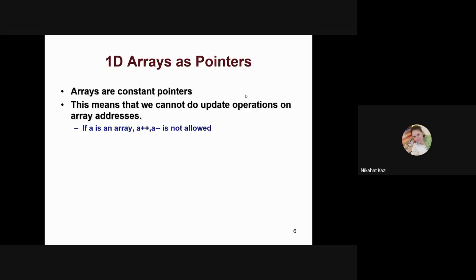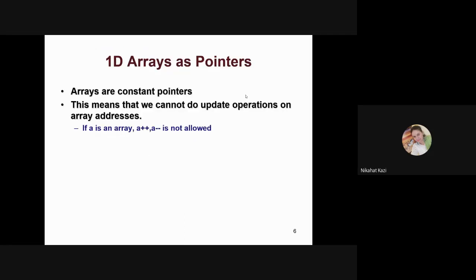Now, arrays are constant pointers. That means that you cannot do any update operations on array addresses. That means A plus plus and A minus minus are not allowed. Why? Because arrays are constant pointers.